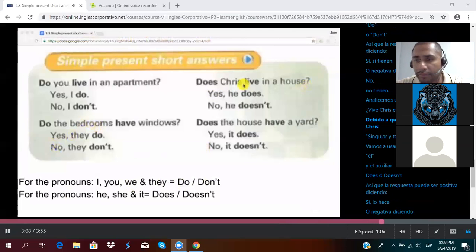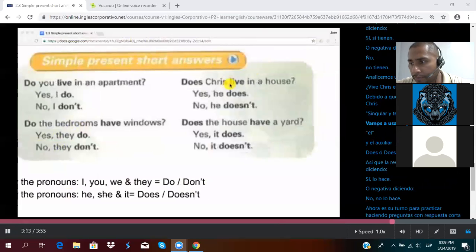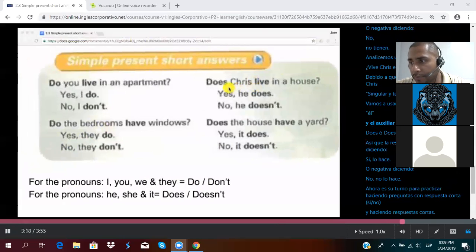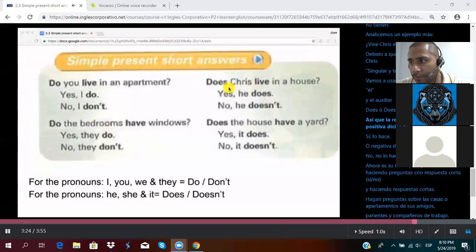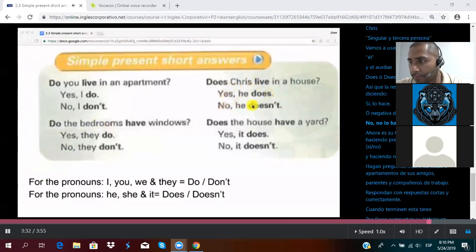Because we're talking about Chris, singular, and third person, we're going to use the pronoun he and the auxiliary does or doesn't. So the answer can be positive by saying yes, he does, or negative by saying no, he doesn't.